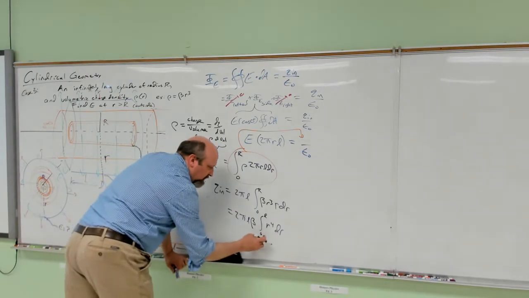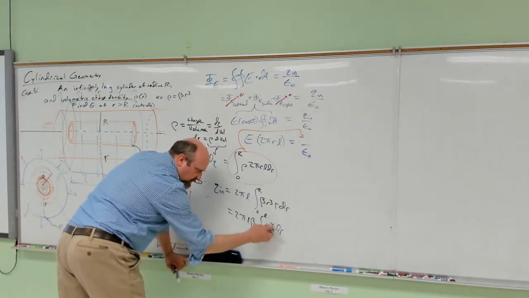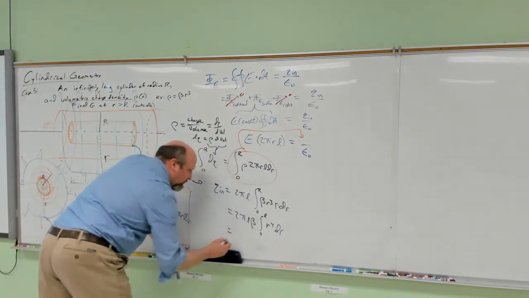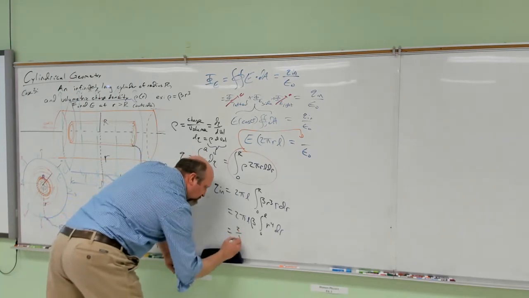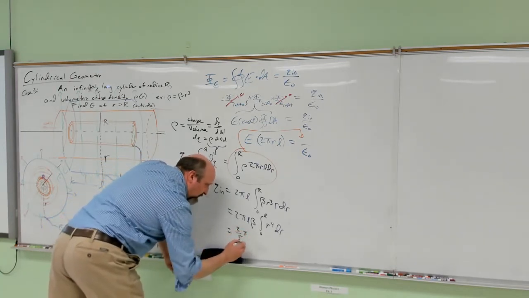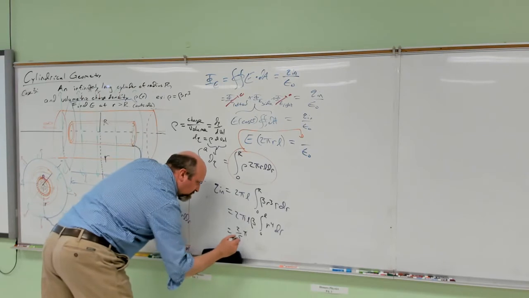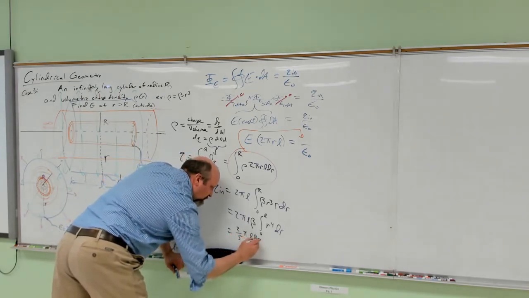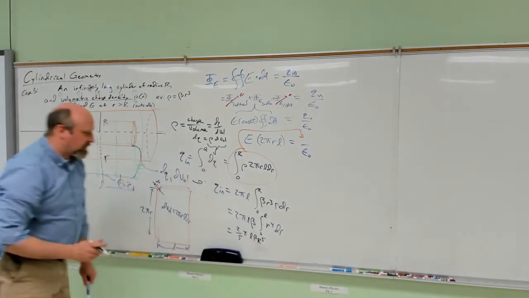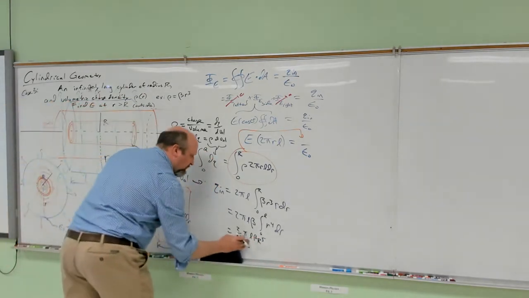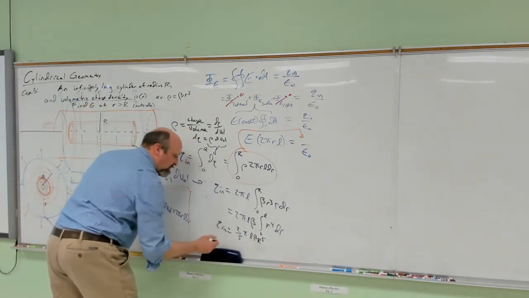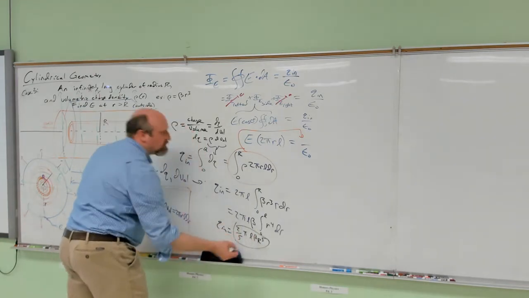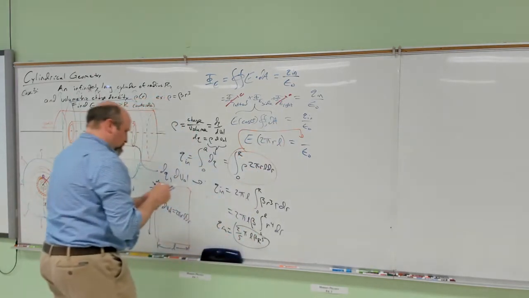When I plug in 0, it's 0, and then when I plug in big R, I end up with 2/5 pi L beta big R to the 5th. That's what I'm going to get. That would be my Q in, and so this will go in there.